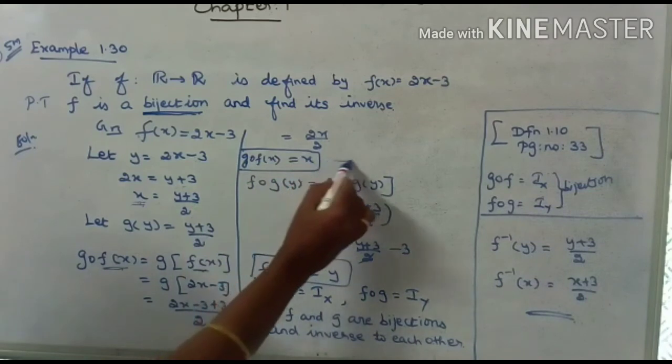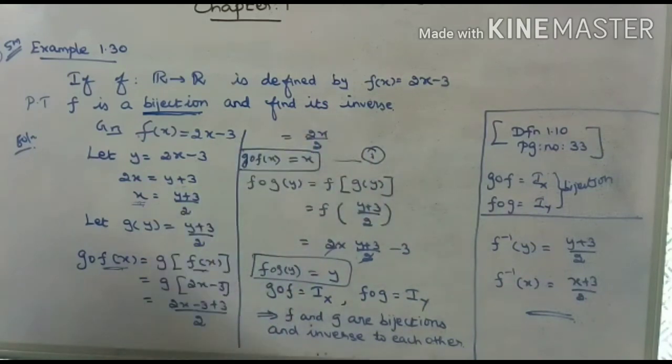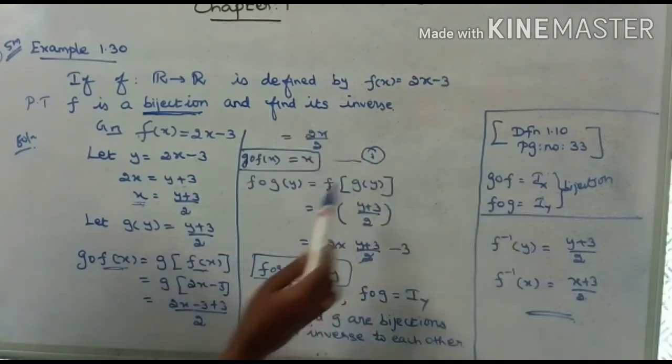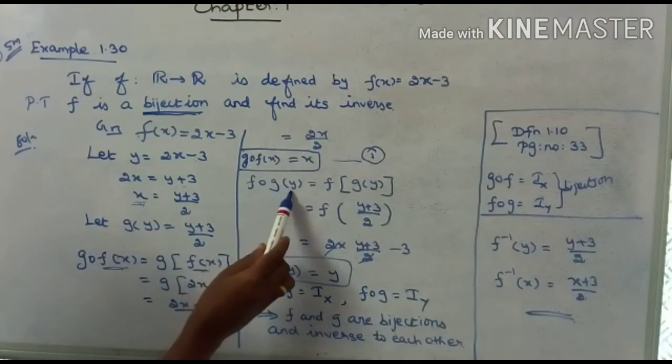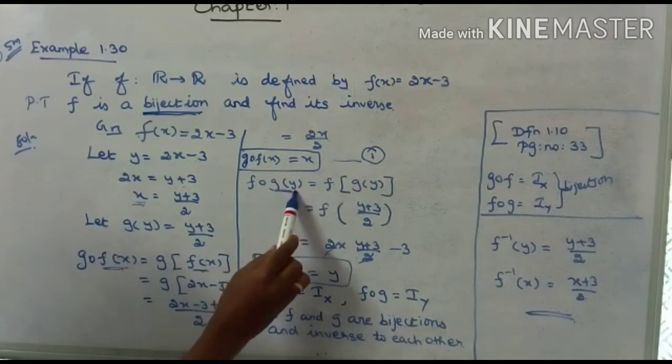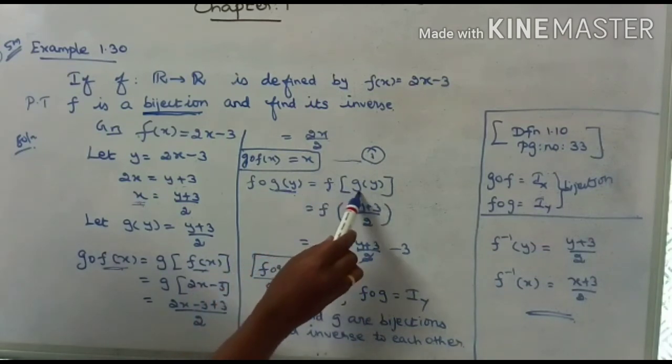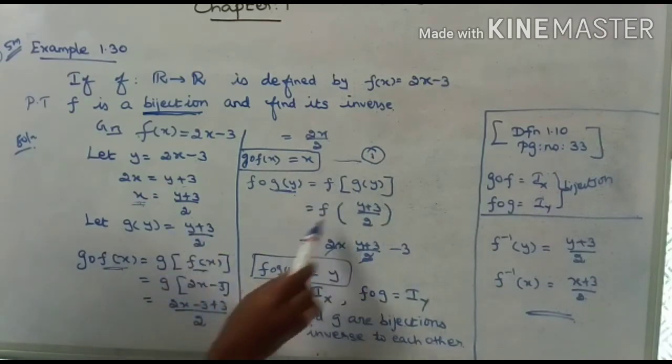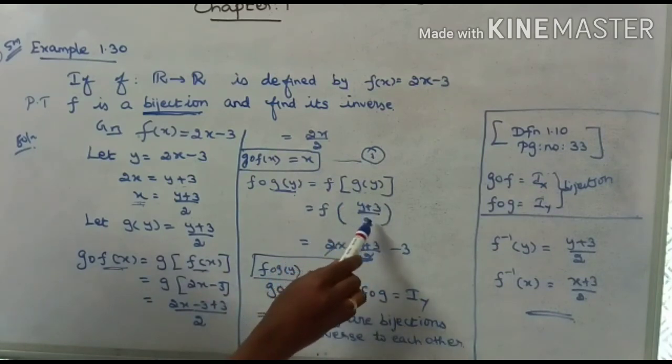Now take this one and find out g composite with f. So g composite with f of y is equal to, how will you write the definition? F of g of y. We already know g of y is y plus 3 by 2, so in this place you substitute y plus 3 by 2.